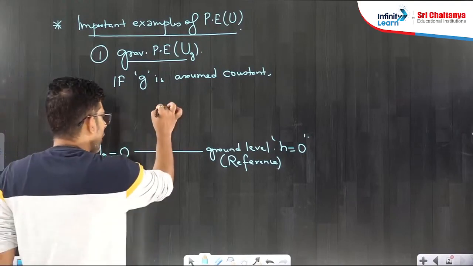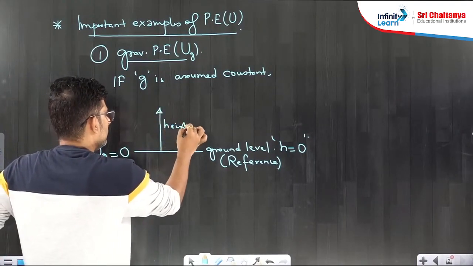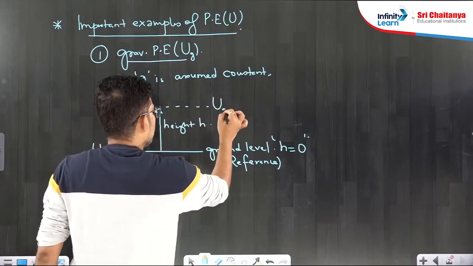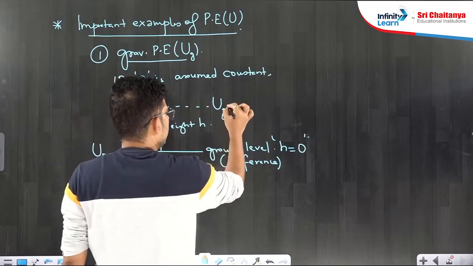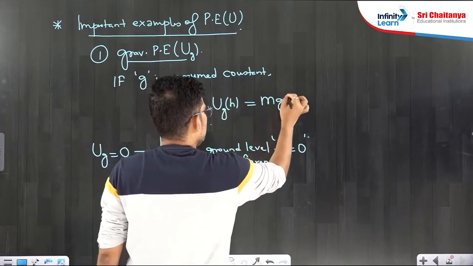So when you go at a height h, here the gravitational potential energy at a height h, we write it as mgh.